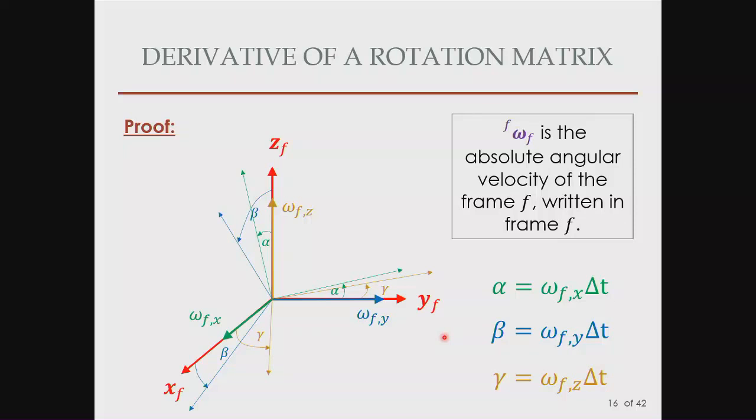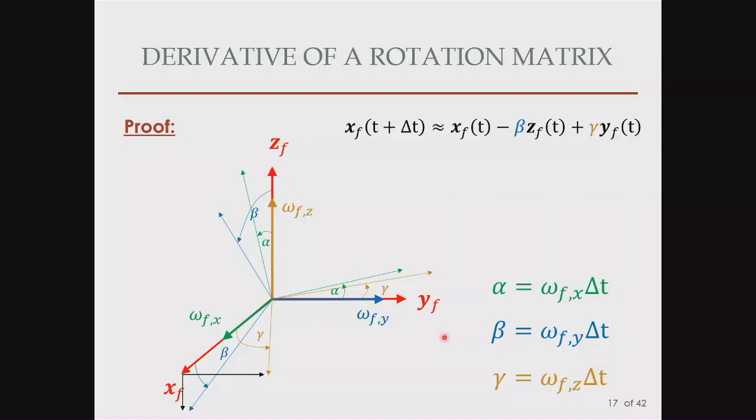Okay, so how to find that? What we will do is combine all the contributions, assuming that the arcs are straight lines. So for very small delta t, this arc is nearly a straight line of the size of that arc.